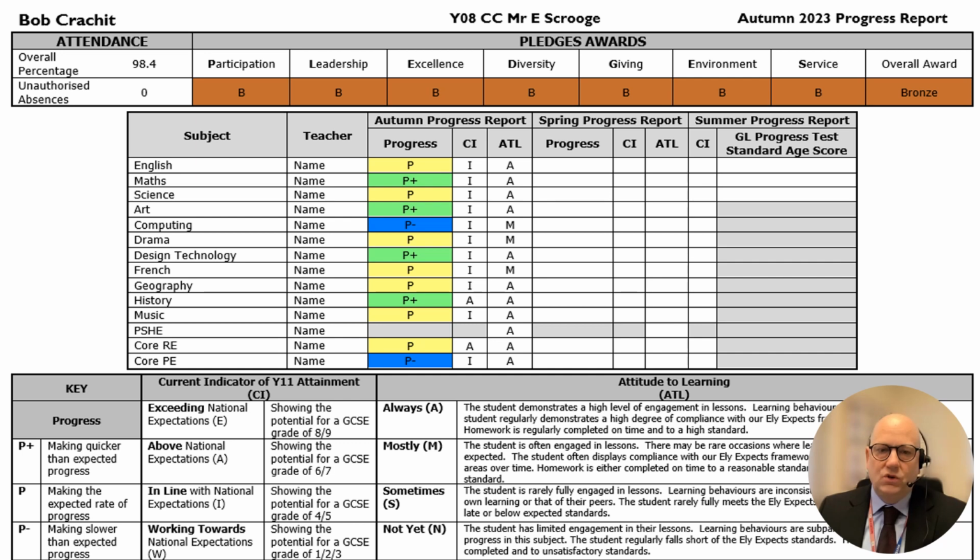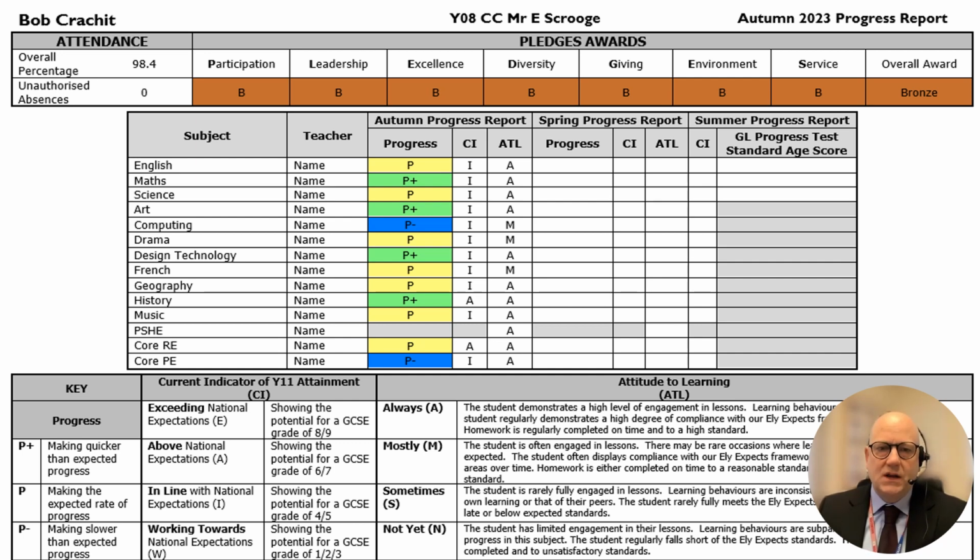What you really wouldn't want to see are attitude to learning descriptors where we're saying sometimes, because that obviously means the child is rarely fully engaged and learning behaviours are inconsistent. When I showed you that slide about the attitude to learning barriers that affect progress in all subjects, a student who's getting sometimes or not yet on their report is clearly something we need to intervene in.